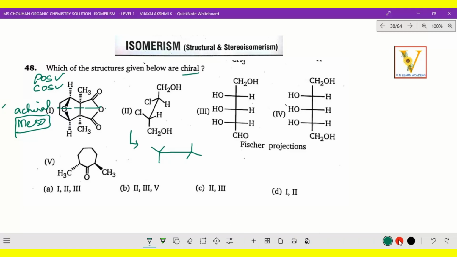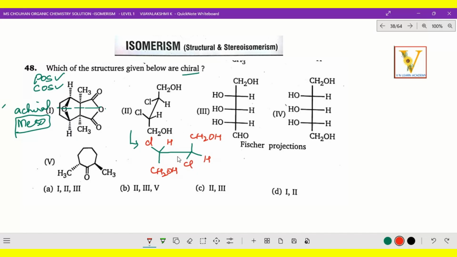Now here in this, here Cl, ClH and CH2OH, and then here CH2OH, and here down ClH.